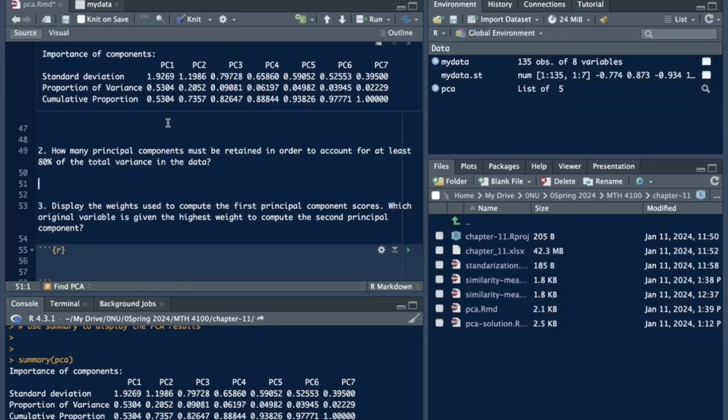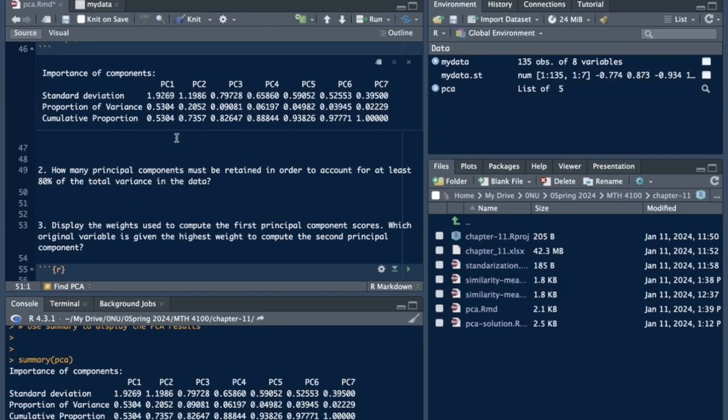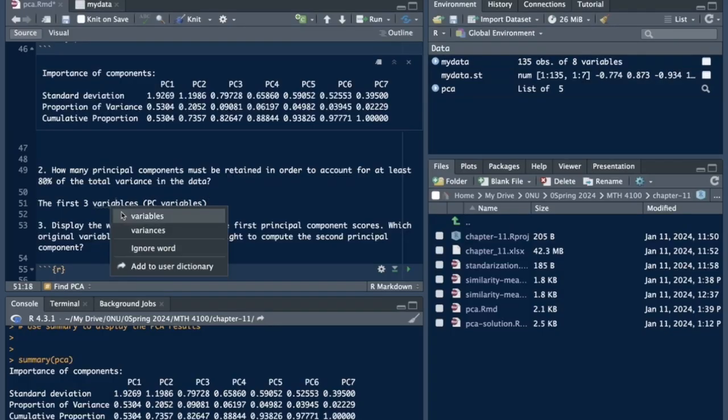To keep 80%, PC1, PC2, PC3 is enough. So the first 3 principal component variables, not the original variables, because we just need to account for at least 80%. This one helped me keep at least 83%, so the first 3 variables will do that job.